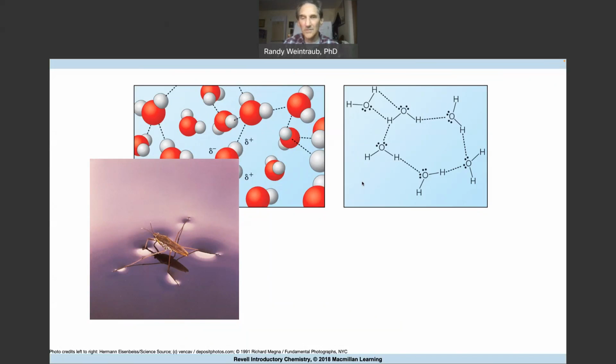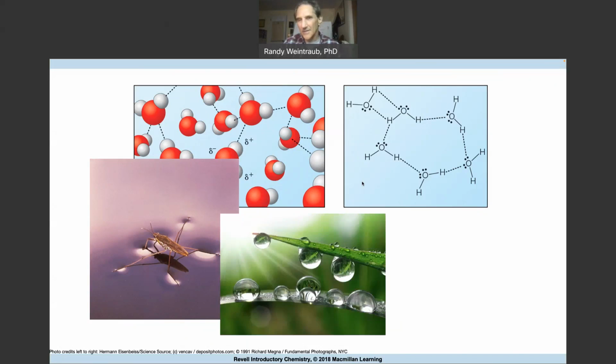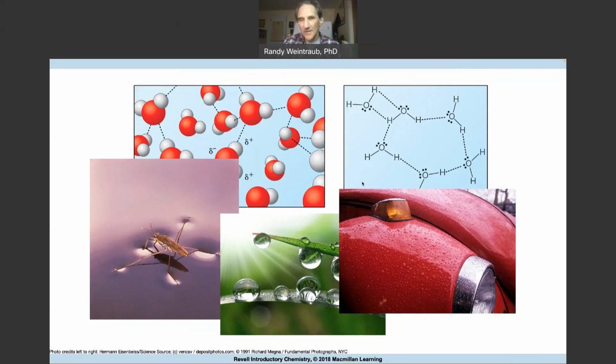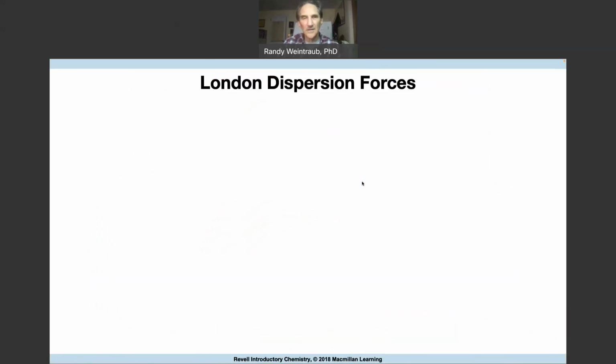Insects can walk on water. The tendency of water to form droplets and beads is also a characteristic of strong hydrogen bonding. Hydrogen bonding plays a critical role in the chemistry of life, in the fundamental way that molecules interact, and in the shape of huge molecules such as proteins and DNA.